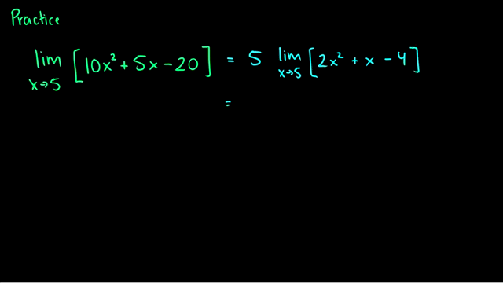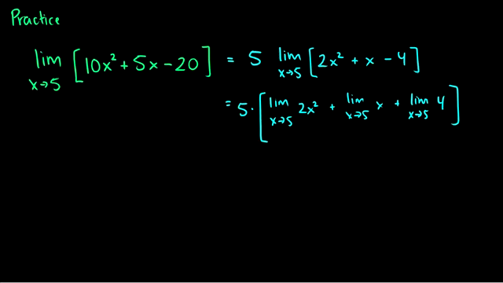Okay, the next thing I can do is I can take all of these limits individually instead. So I can do it 5 times, and then this will be the limit as x approaches 5 of 2x squared plus the limit as x approaches 5 of x plus the limit as x approaches 5 of 4.